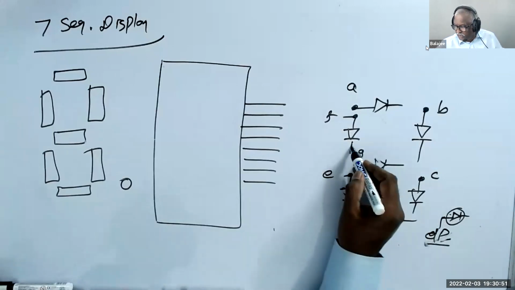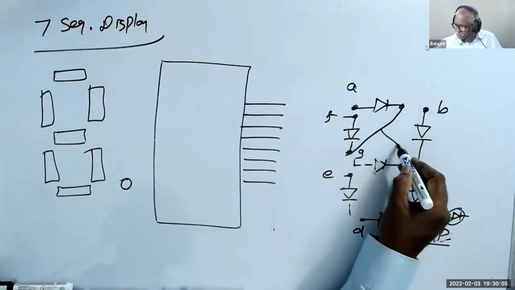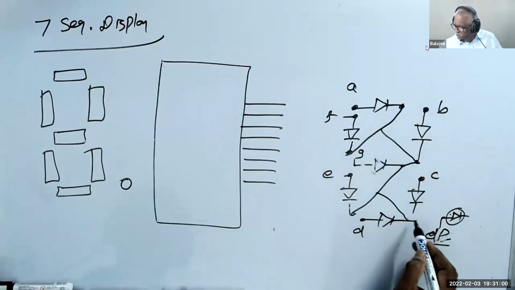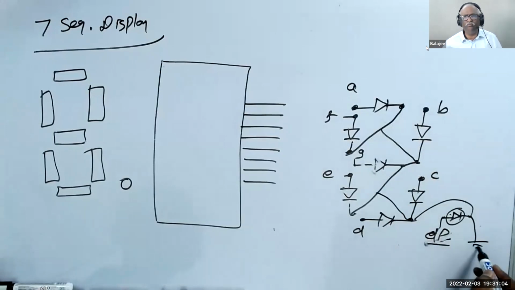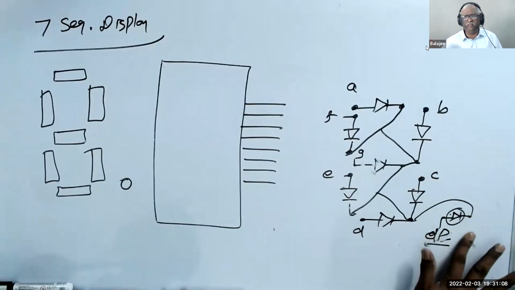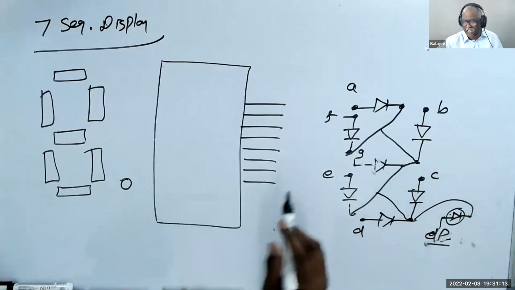And all the cathode pins, they've connected together. They don't connect it to ground, they leave it like that. They give you a pin. Understand? So all the cathodes are connected. Please understand, I have 8.